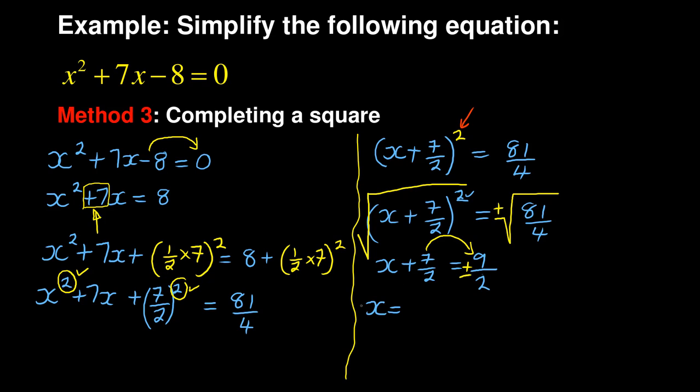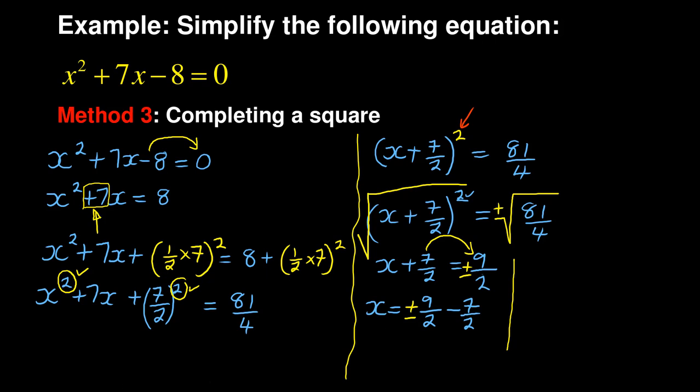So it will be x is equal to plus or minus 9 over 2. Now 7 over 2 will change from positive to negative 7 over 2.